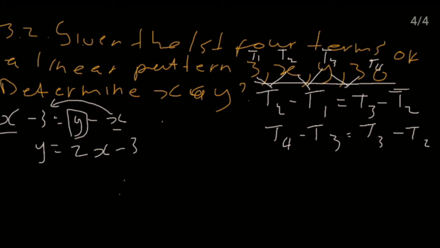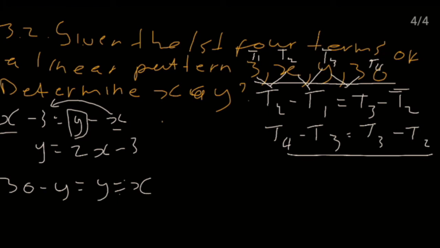And again I'm going to say T4 minus T3 equals T3 minus T2, meaning I will have 30 minus y equals y minus x.